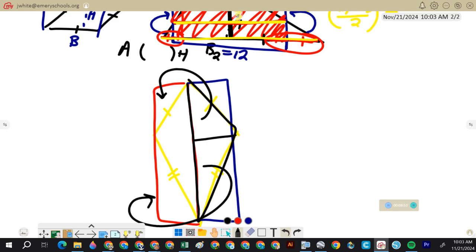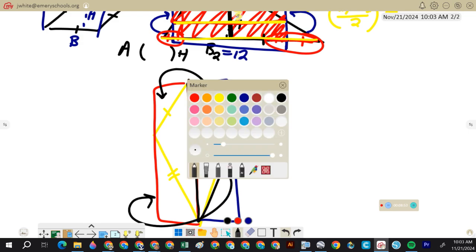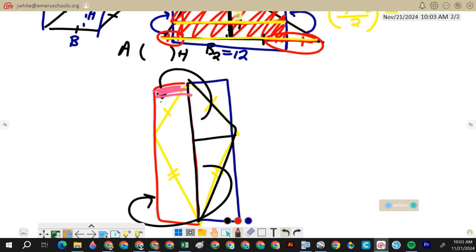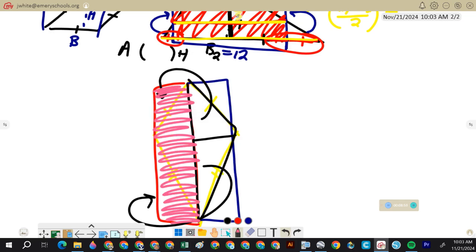So the area of the kite is going to be equal to the area of this rectangle. So you either find the area of the big rectangle and divide it by 2, or you find the area of one of those side rectangles. And each of those measurements will be equal to the area of the kite. Does that make sense?